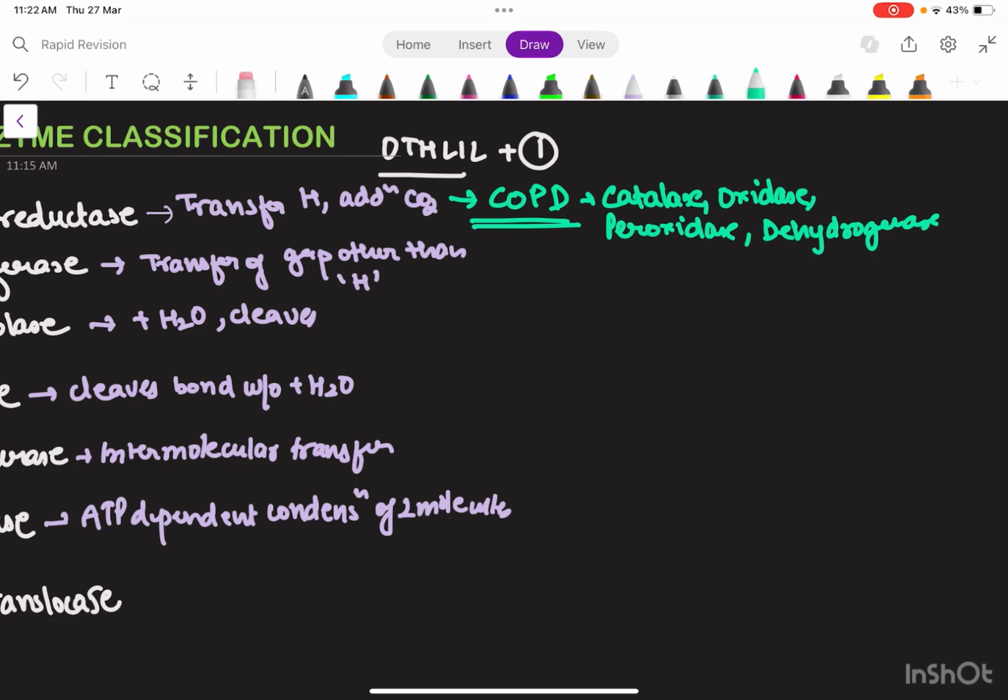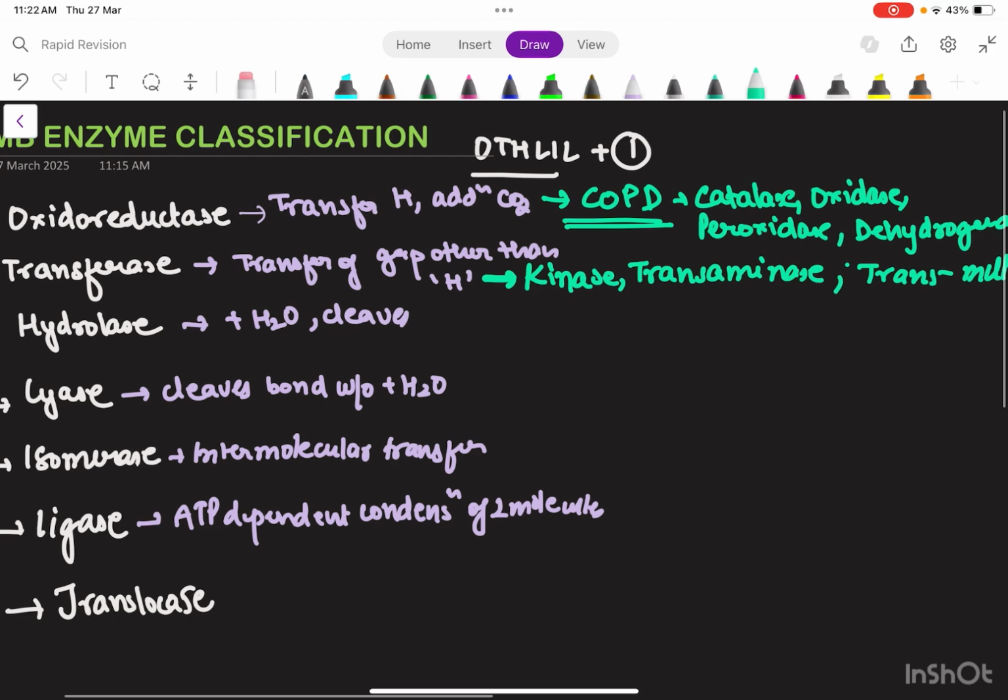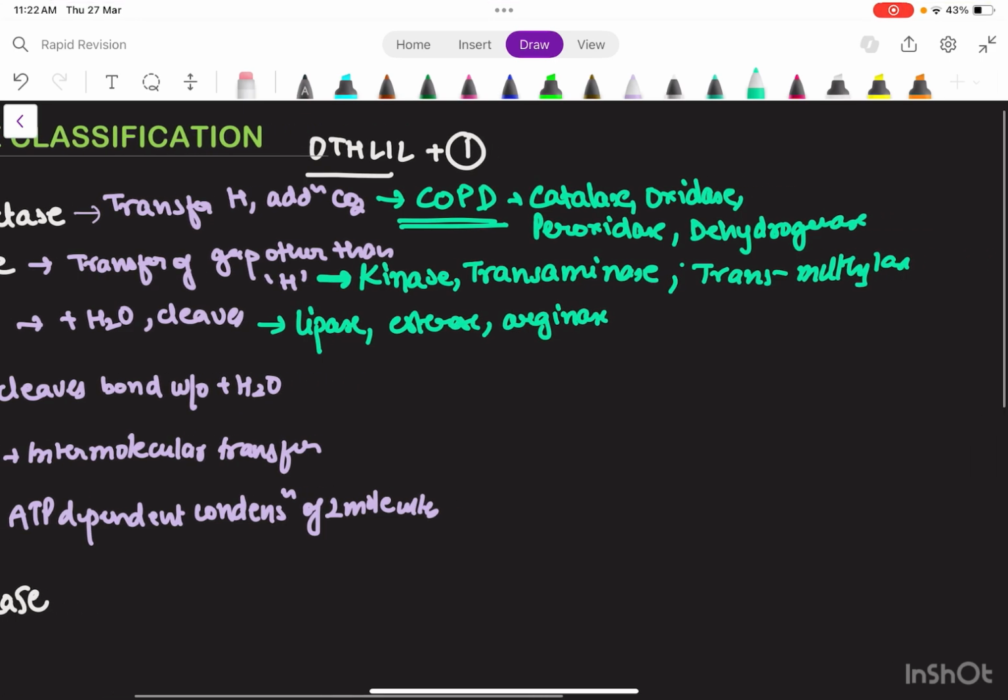Then we have transferase. Now transferase, most common example that I know, that you know, is kinase. Then we have transaminase. Most of them will have trans in front, so you will be able to make out, like transmethylase and so on. Okay, now hydrolase. Hydrolase, this is important, you should know, like lipase, esterase, arginase, most of the digestive enzymes.